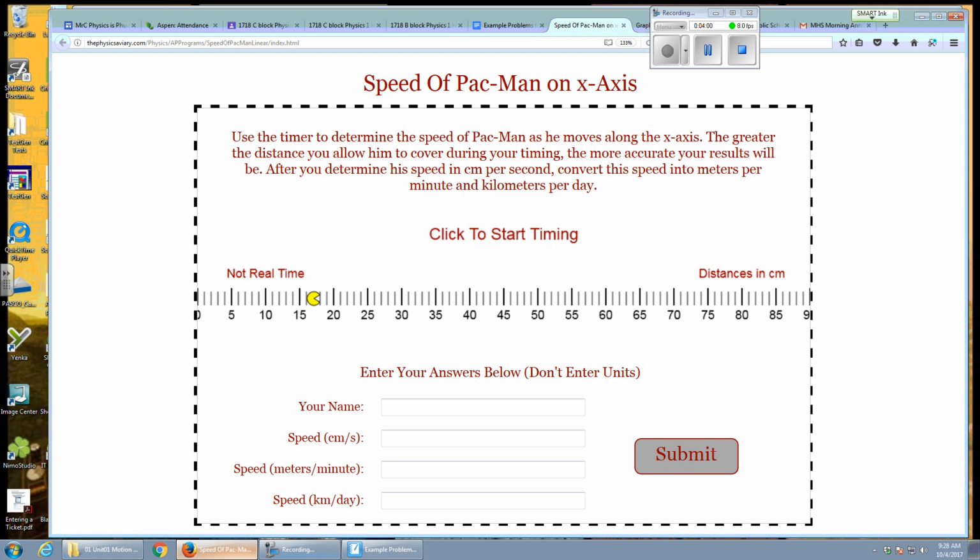And then where will Pac-Man be when we stop it? 50? Right here. So go from 10 to 50. We're going 10 to 50. Okay. So I'm going to hit start when he gets to 10. And then when he gets to 50, we'll stop the timer.